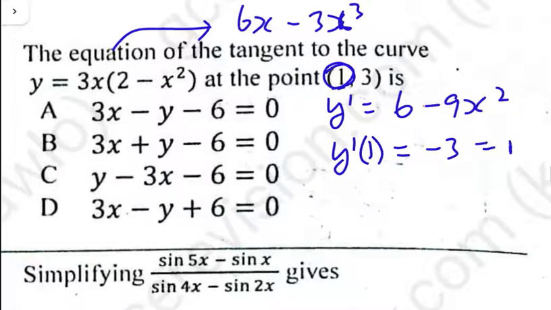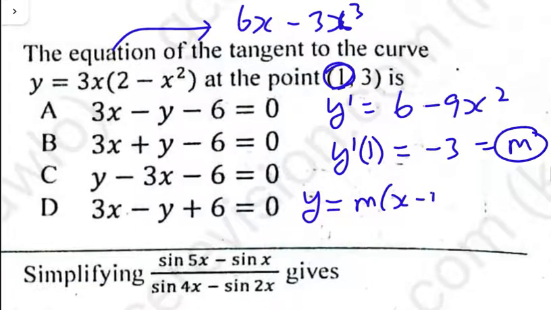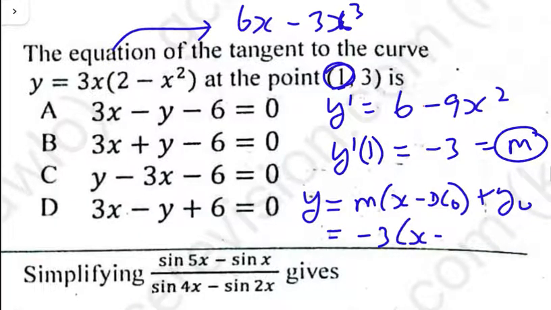That's our gradient m. Now, the equation of the line is given by y equals m(x minus x0) plus y0. So this is going to give us negative 3 into (x minus 1) plus 3.